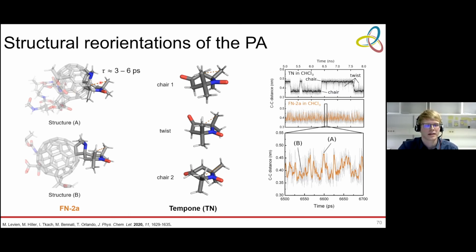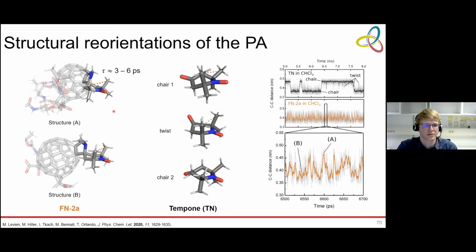So this closing could be a movement towards a transition-like state to go into a chair or twist conformation. However, this is not possible in the fullerene nitroxide structure because the backbone is linked via this ring to the fullerene.